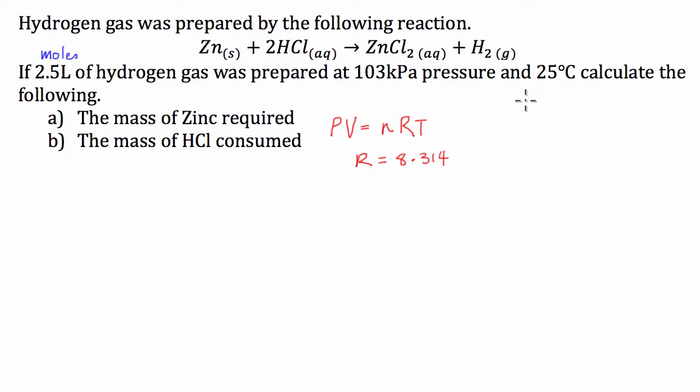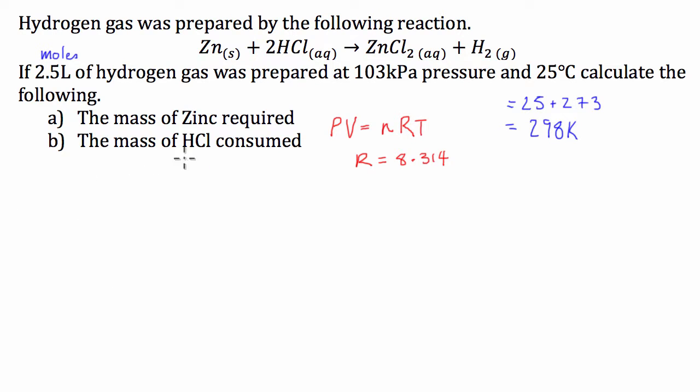The way we do that is this is going to be equal to 25 plus 273, which is equal to 298 Kelvin. Great. So let's get on with the problem.